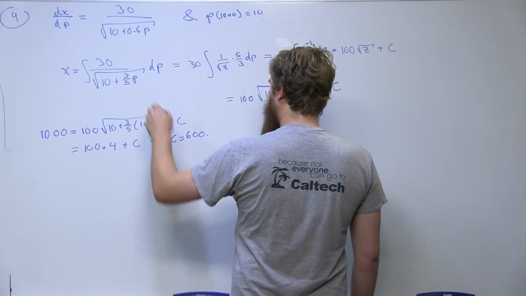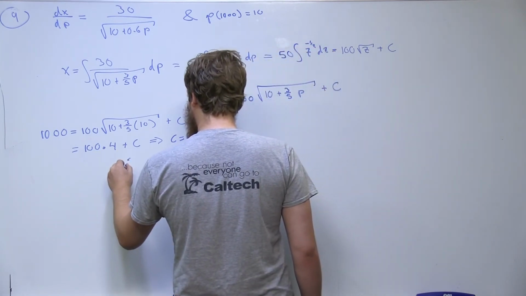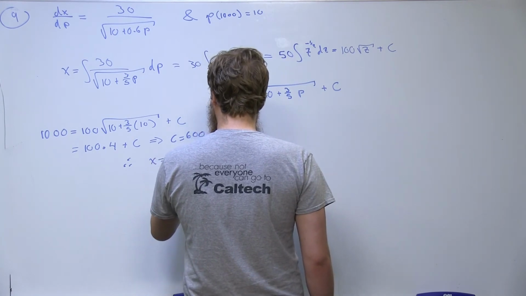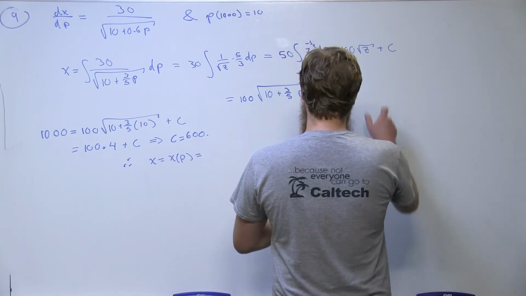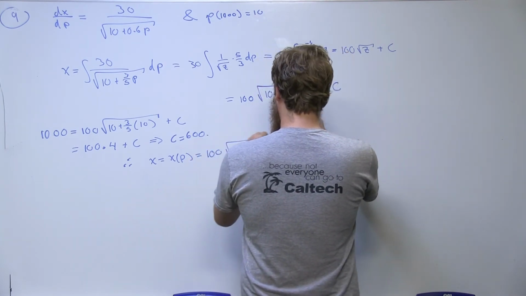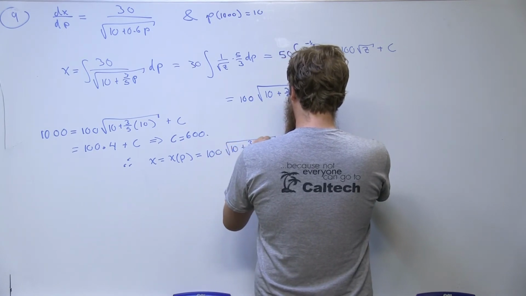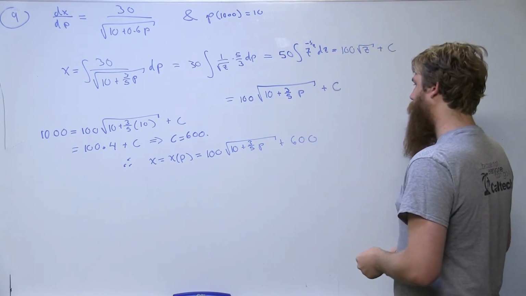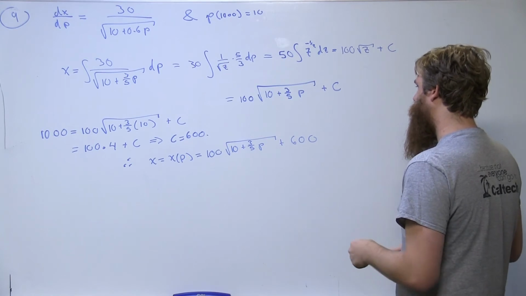So now we can write down x as a function of p. That is this guy. So x is equal to 100 times the square root of 10 plus 3/5 p, plus 600.